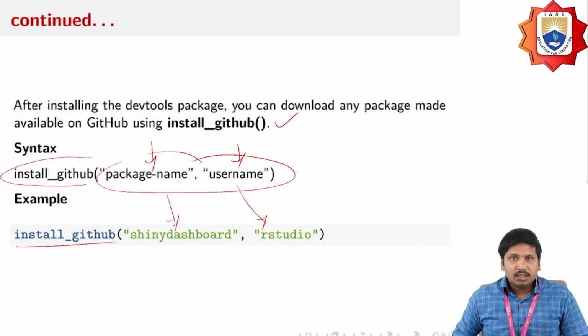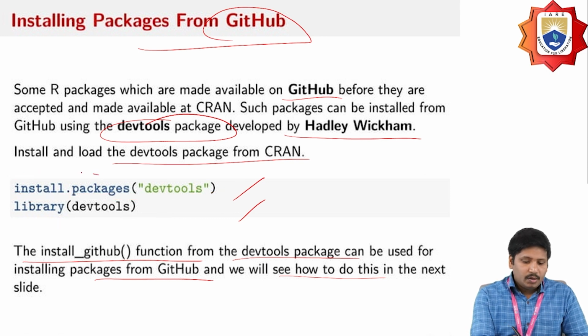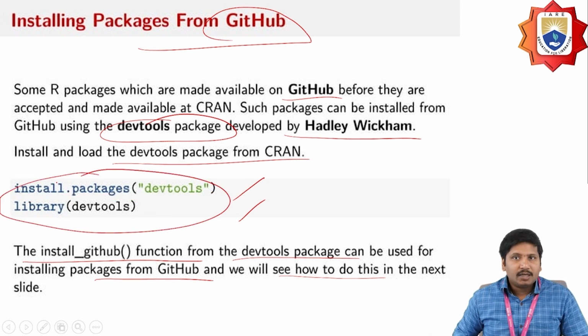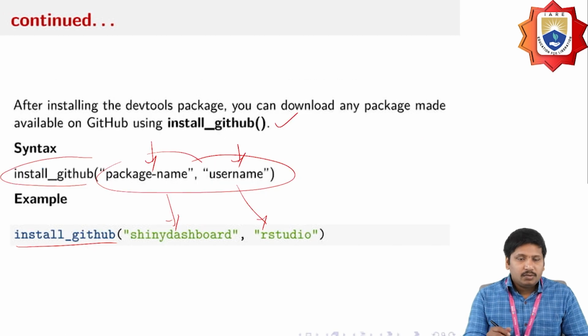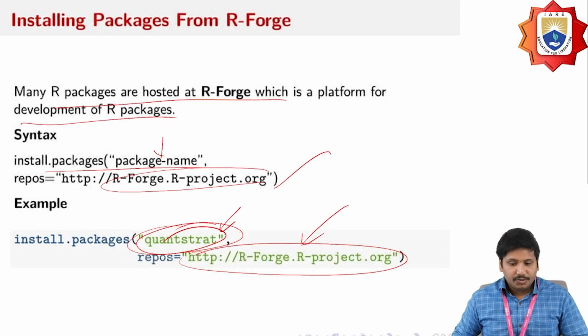So once install.packages of devtools is completed, I want to know what library packages are available. After that we make use of the install_github function to specify the package name and username. Based on that we can install the packages from RStudio.